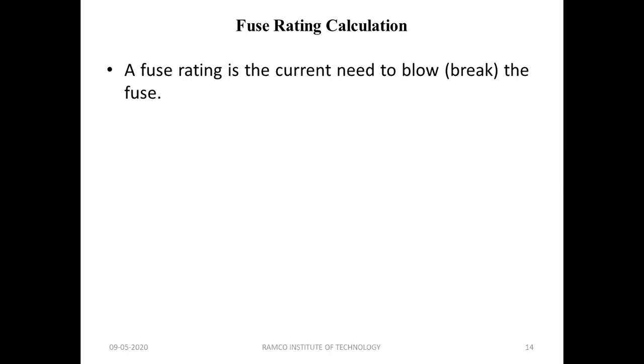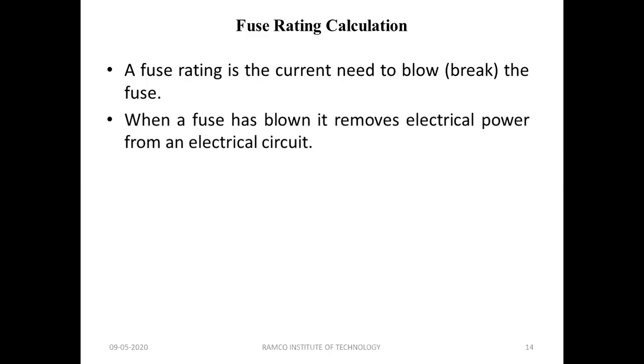For example, if your fuse rating is 5 amps, that means if the current flowing through that particular fuse goes above 5 amps, your fuse will blow out. So that is the fuse rating. That is the maximum threshold value of current that the fuse allows. The fuse can allow 5 amps, above which the fuse will blow out. So that is the current needed to blow out your fuse, right?